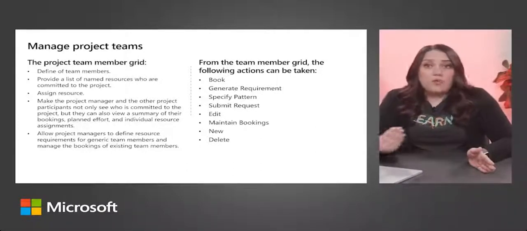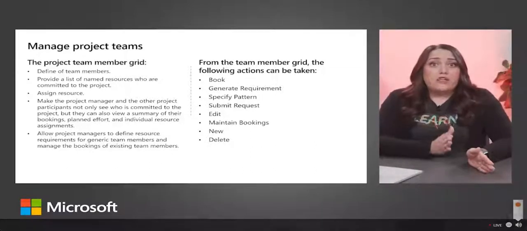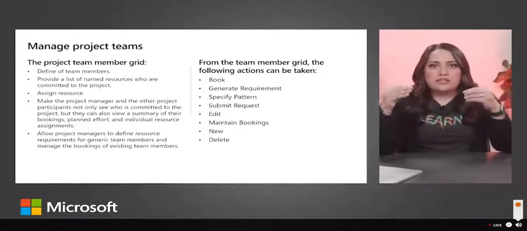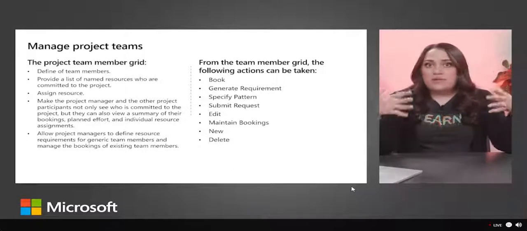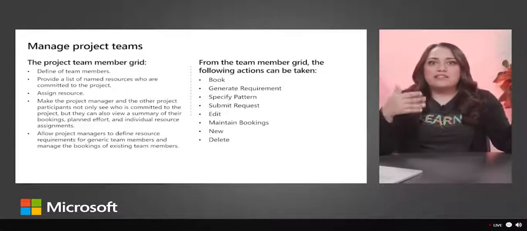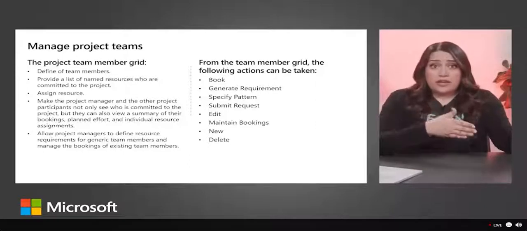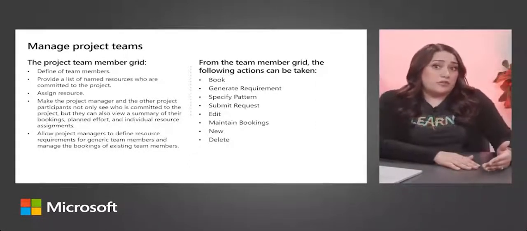And this is where the project team member grid comes into play. The project team member grid assists you in determining which of the team members are going to do what job. And so the main purpose is to help you come up with a list of names of all of the resources who have been committed to the project. And you don't necessarily need to know the specific details of each person right away.